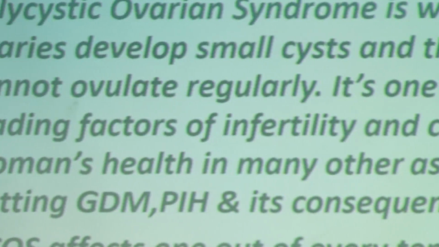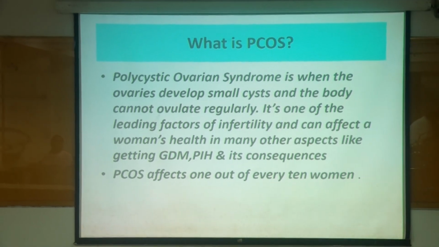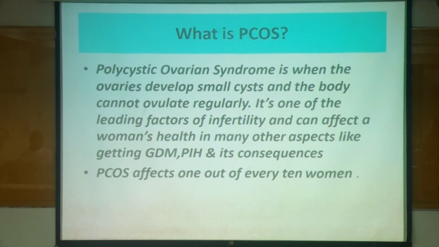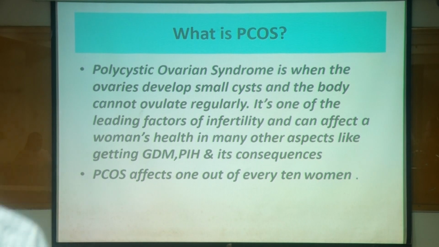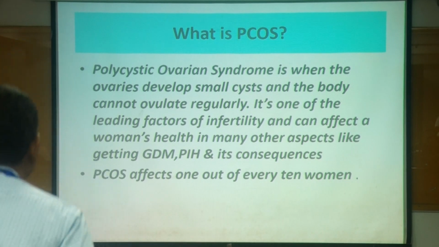And it's very common. 1 in 10 women, most of them, have this PCOS. And what happens in this PCOS, as my sir said, is a hormonal imbalance causing excessive production of testosterone, while negatively affecting the LH and the FSH, and resulting in limited egg production, disrupting the woman's menstrual cycle.